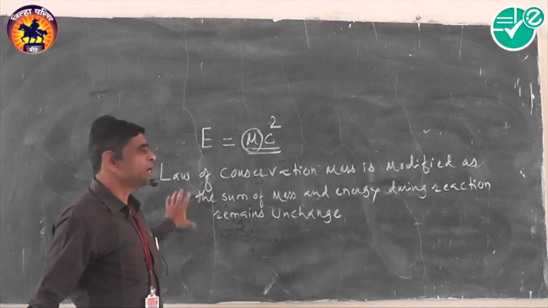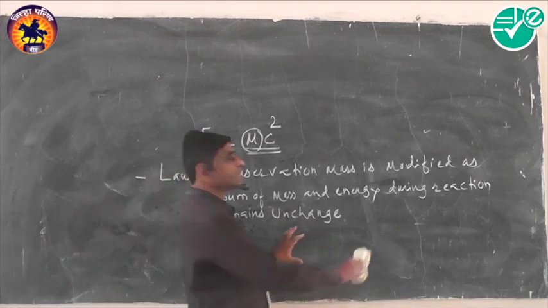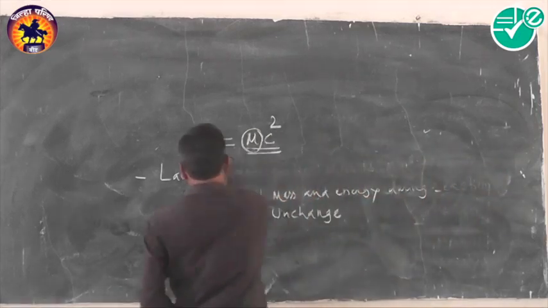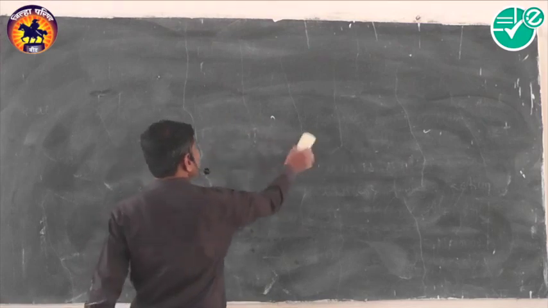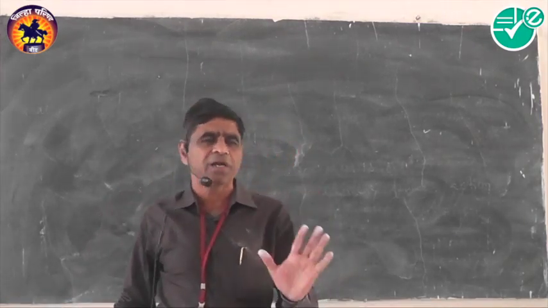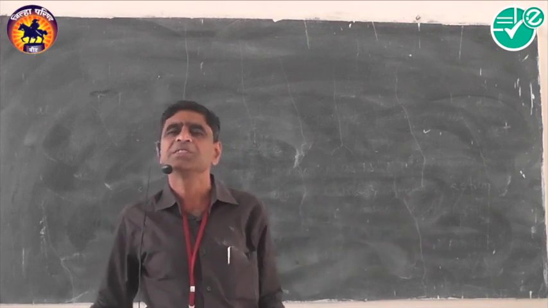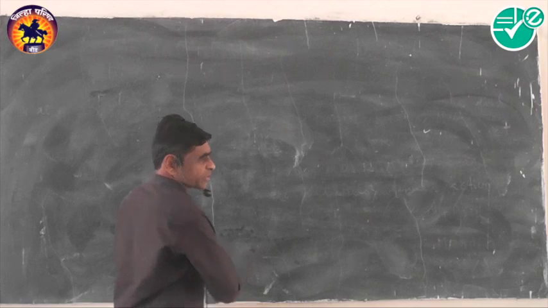So this is the modified form of the law of conservation of mass in case of nuclear reactions. And thus the basic limitation is that the law of conservation of mass is applicable only for ordinary chemical reactions where the heat released is very negligible. So this is the law of conservation of mass.